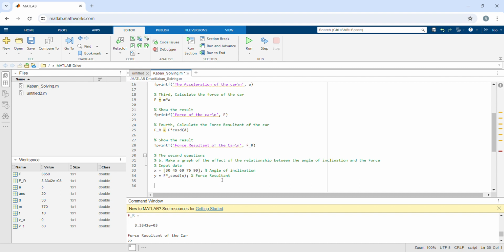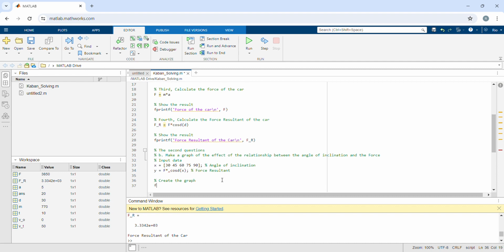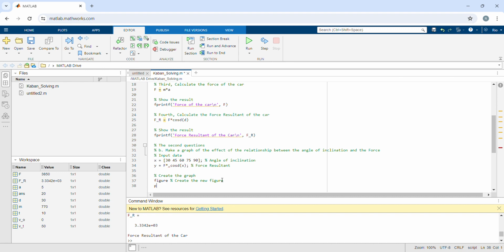So let's start to create the graph. First, don't forget to create a new figure, and then plot.